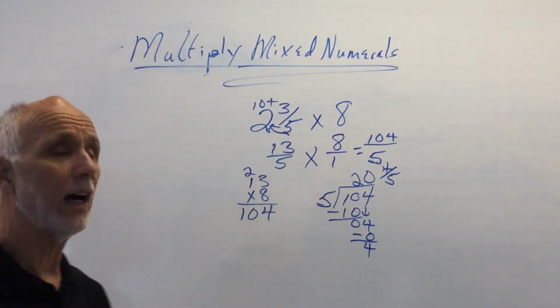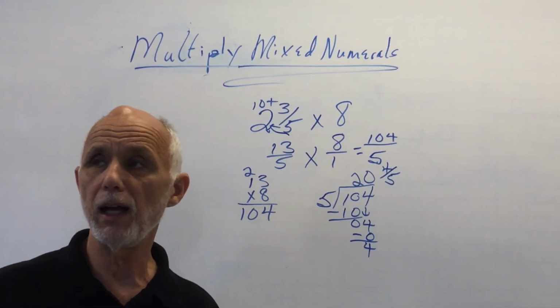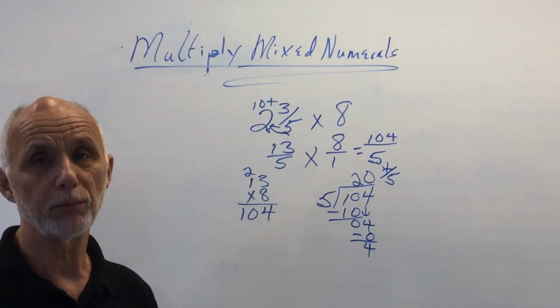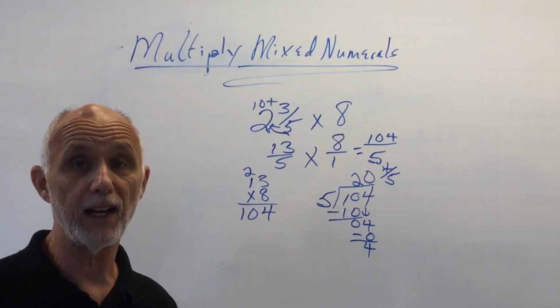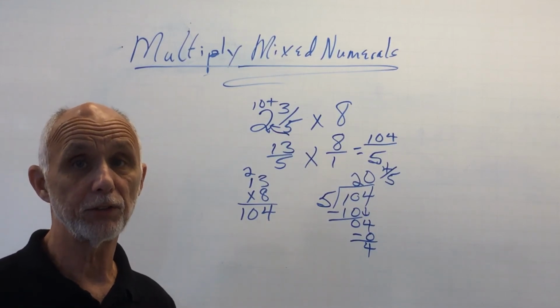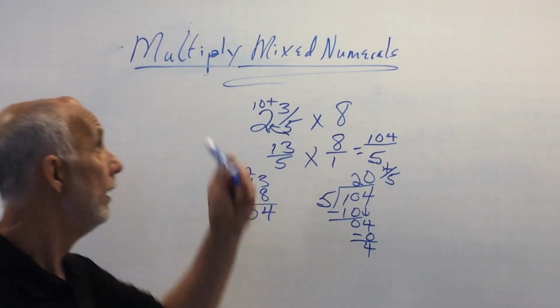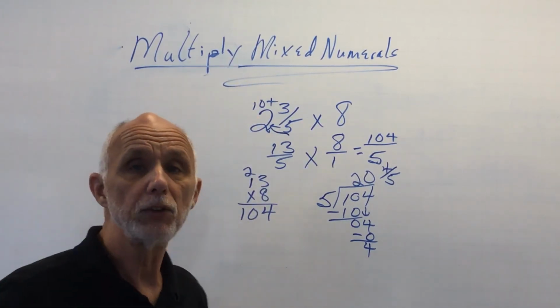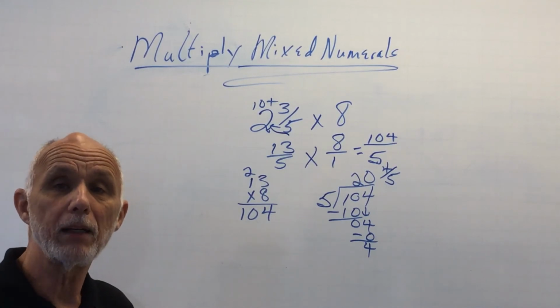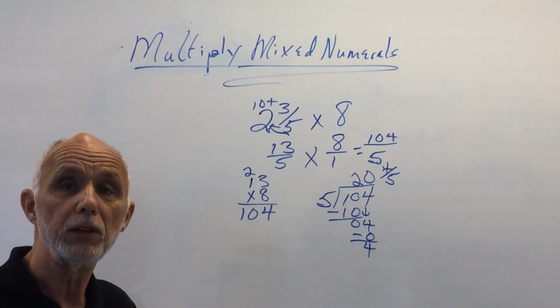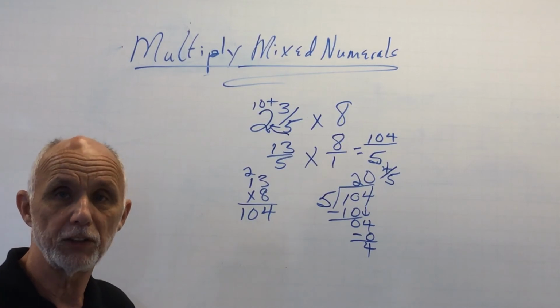By the way, even though I try to simplify before I multiply, I should always make sure it's simplified after I multiply. Because what if I skip something that I could have simplified? Then I have to make sure I change it for that reason. So again, when I want to multiply mixed numerals, I don't want to multiply mixed numerals. I want to make them into fractions. And mixed numerals become improper fractions.